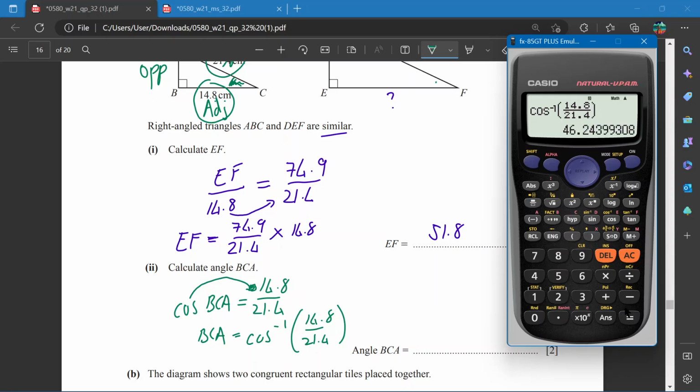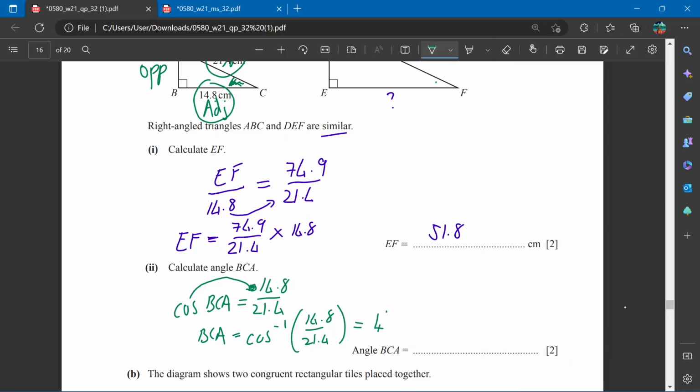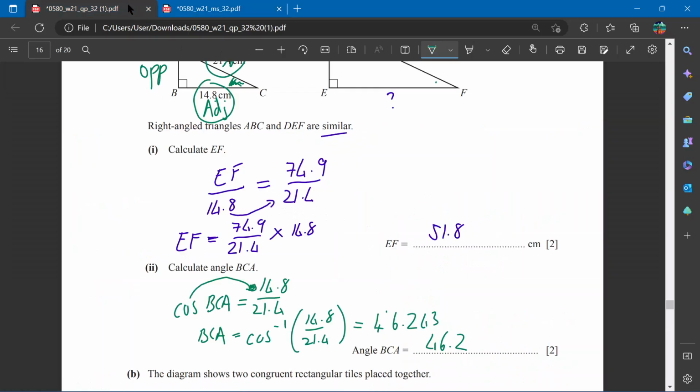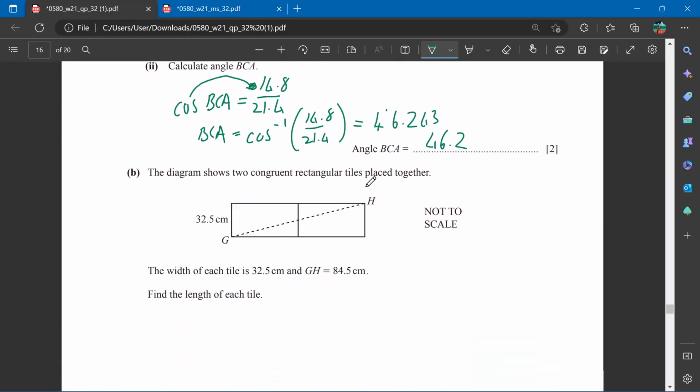And bang, 46.243. Being an angle, we round it to 1 decimal place, so that will be 46.2. If you write the unrounded answer, also correct. You get a mark for writing the ratio. Smart, smart, smart.